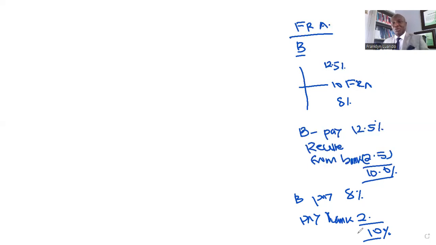And now we need to look at the side of the lender. Let's look at the lender now, and thereafter we shall look at the question. The lender, I'll call him L. They have agreed with the bank that they will receive 7% FRA.